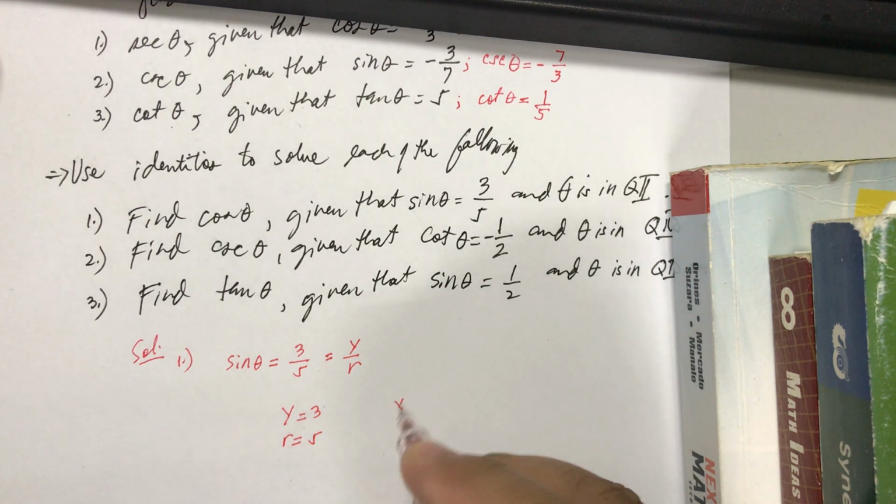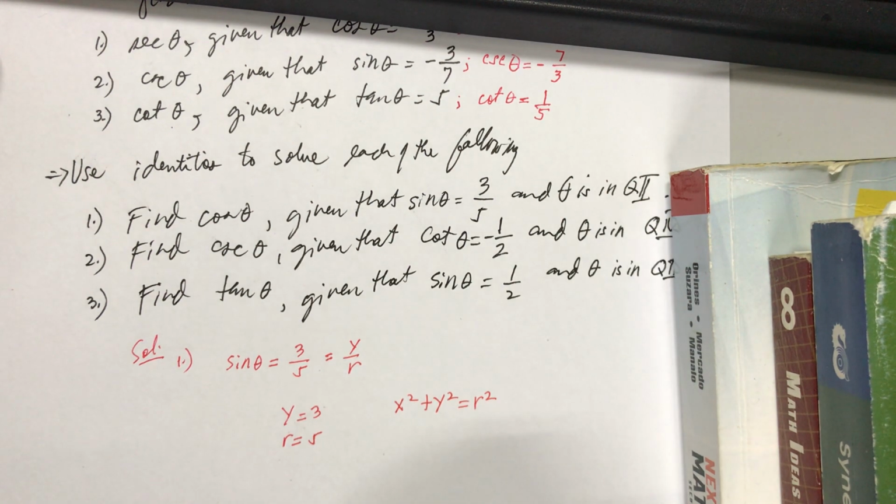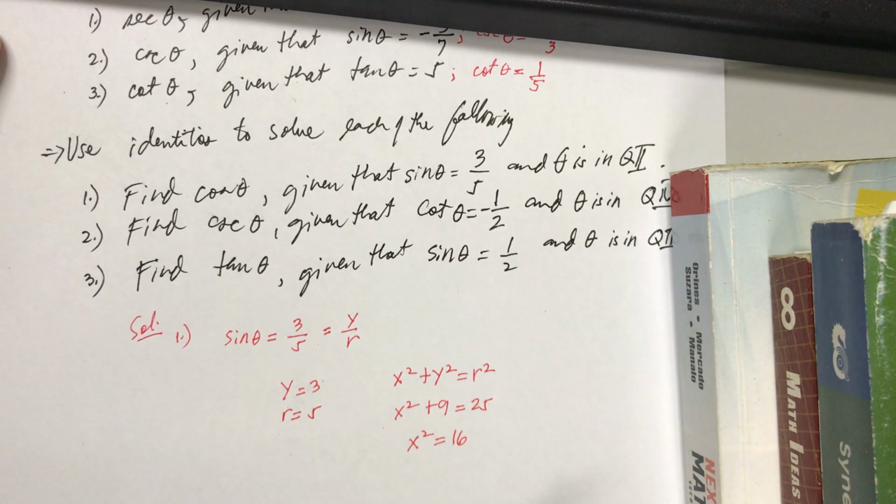And since x squared plus y squared is equal to r squared, x squared plus 9 is equal to 25. The square of 3 and the square of 5 would be 9 and 25 respectively. x squared is equal to 16. If you take the square root of both sides of the equation, you would have x is equal to positive and negative 4.